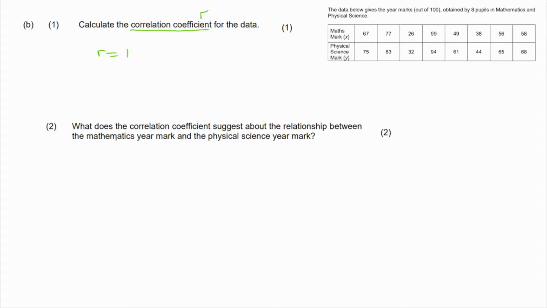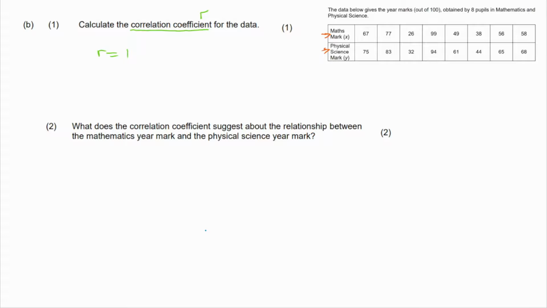Then they ask, what does the correlation coefficient suggest about the relationship between the mathematics year mark and the physical science year mark? You can see it if you look at the data. If someone performs poorly in maths, they perform poorly in physical science, and vice versa. If they're doing well, 99 in math, 94 for physical science, so it's quite a strong correlation.